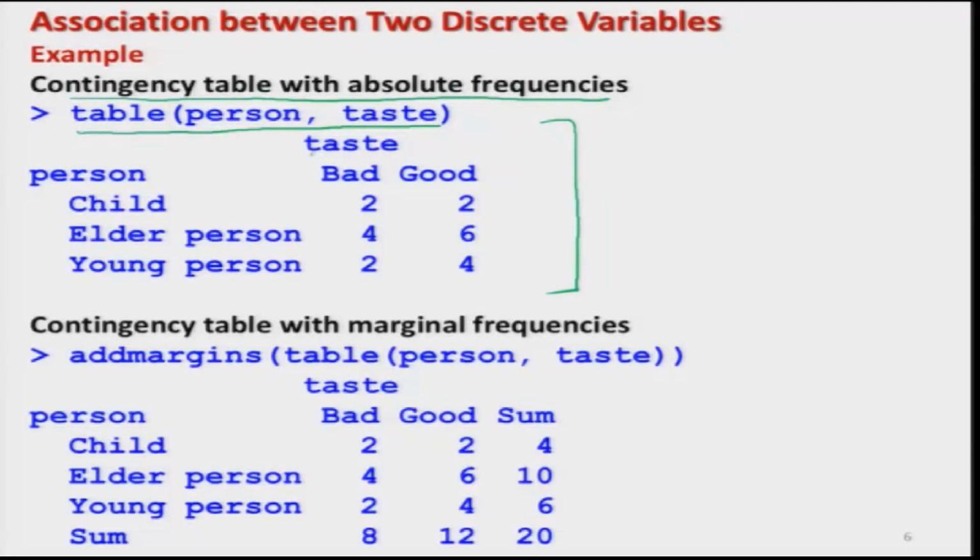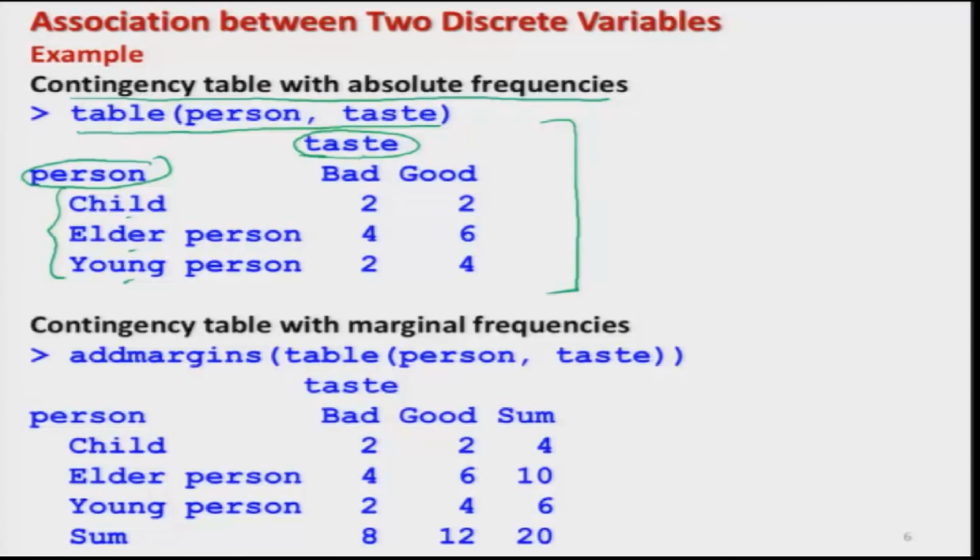You can see one variable is taste and another variable is person, and person has three categories: child, elder person and young person, the same as you have denoted in the data.